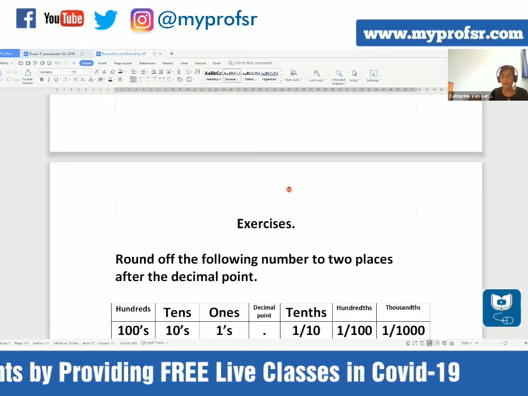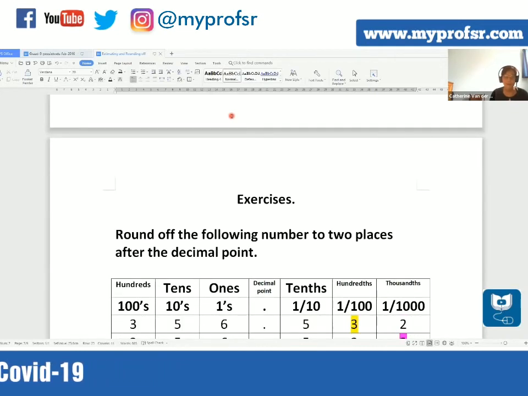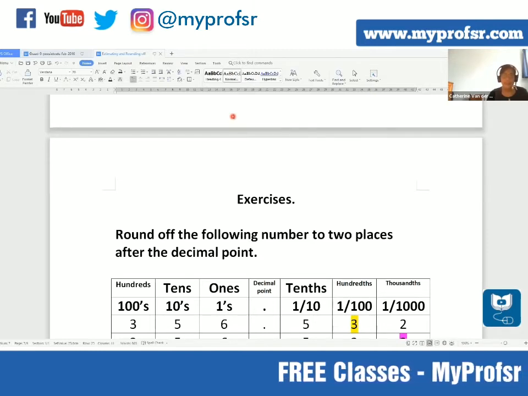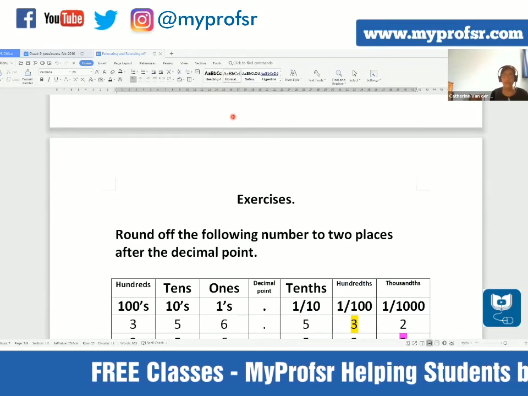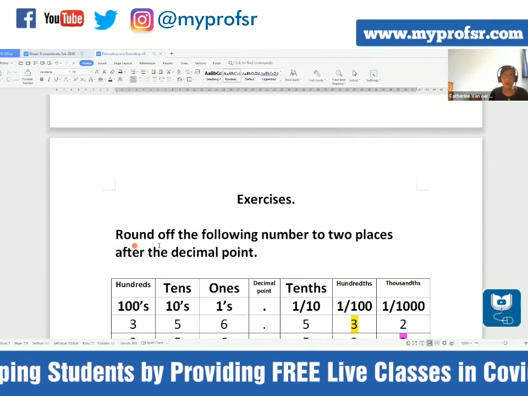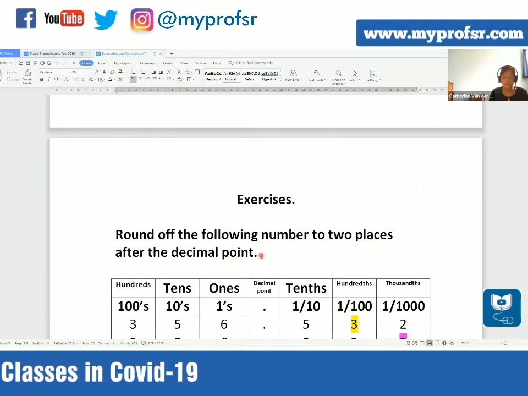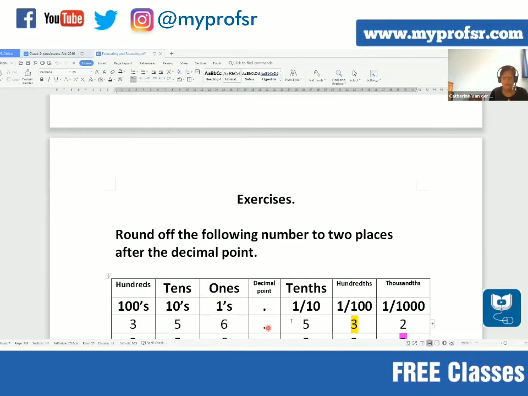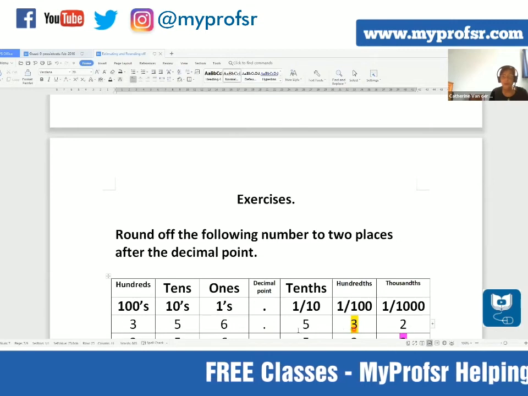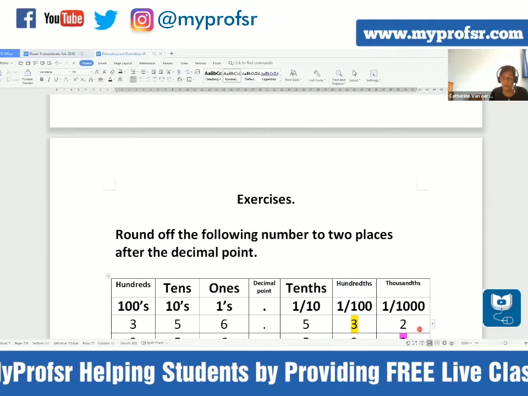Let's now do a few exercises. Now, this is what we have here. This is our number 356.532. And our task is to round off the following number to 2 places after the decimal point. So it's 356 whole numbers, 5 tenths, 3 hundredths, and 2 thousandths.